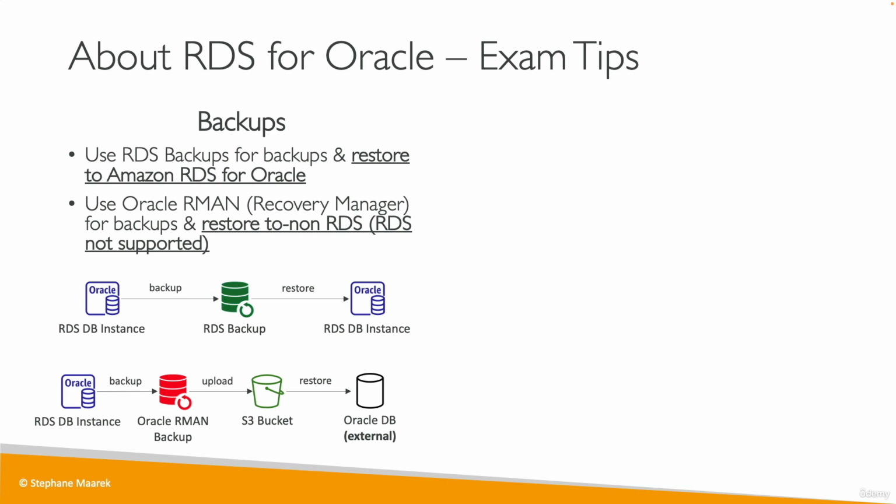So the flow is RDS database instance of Oracle to RDS backup to RDS database instance of Oracle, or RDS database instance of Oracle to RMAN backup to Amazon S3 to an external Oracle database that is living outside of RDS.